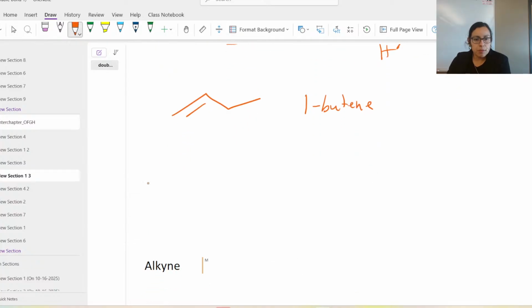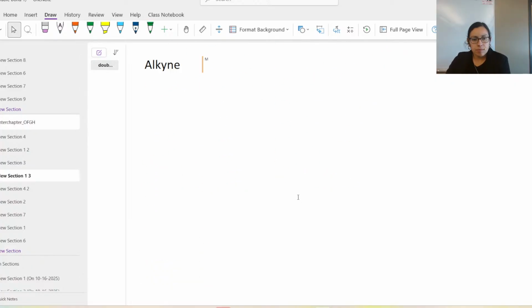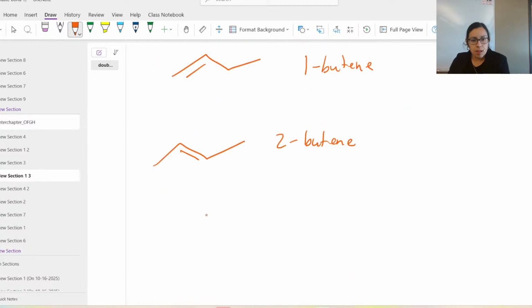Or let's say we moved it, so 1, 2, so now I put my double bond there, so that's 2-butene. And did I lose my label? And then we also want to look at our cis and trans isomers here.